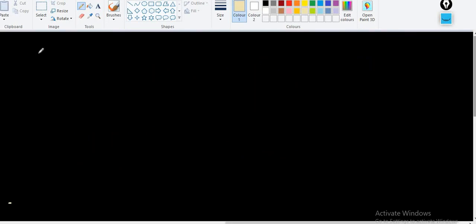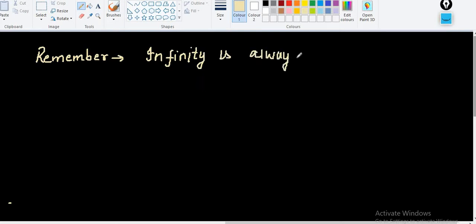You must remember that infinity is always open. Always open. That means with infinity you will always use open brackets, right? So if you have an inequality like this, x is a real number greater than or equal to 4.